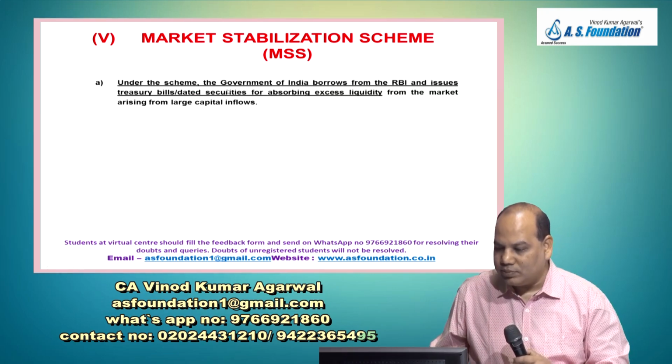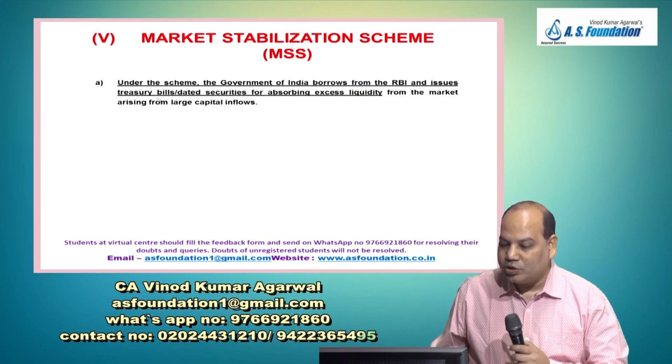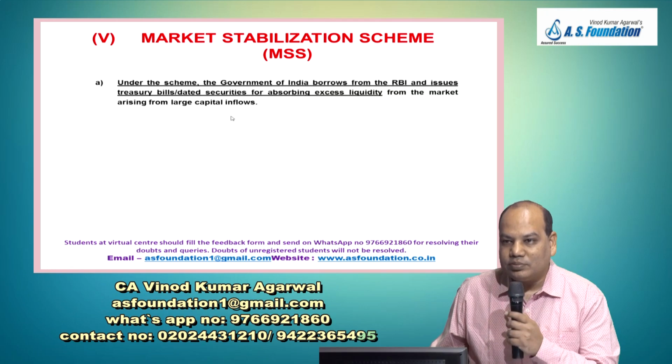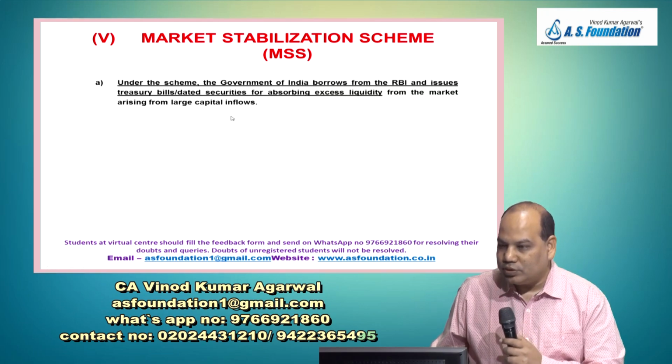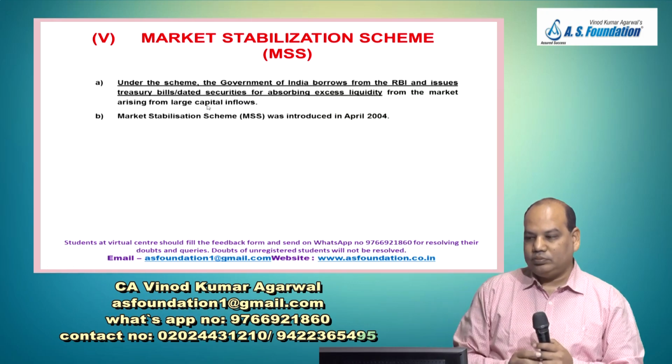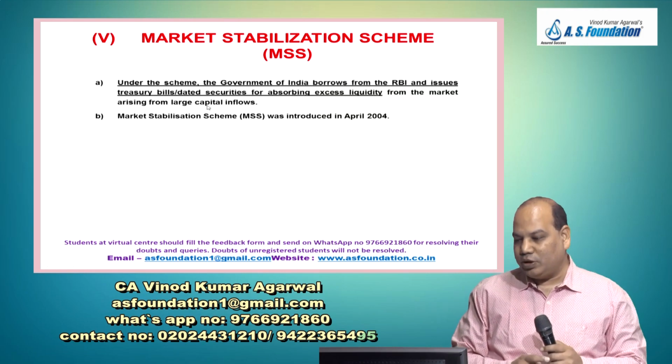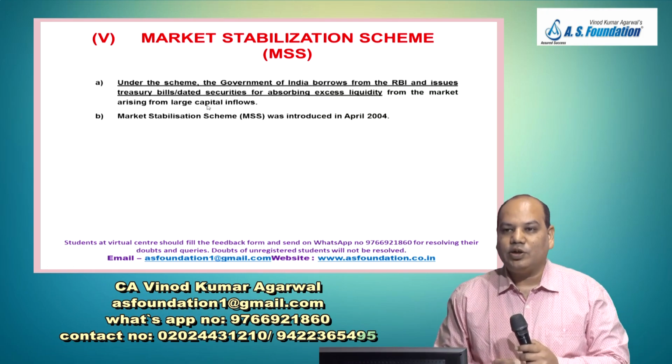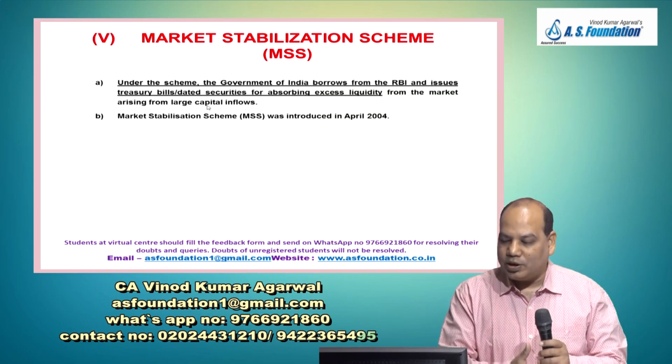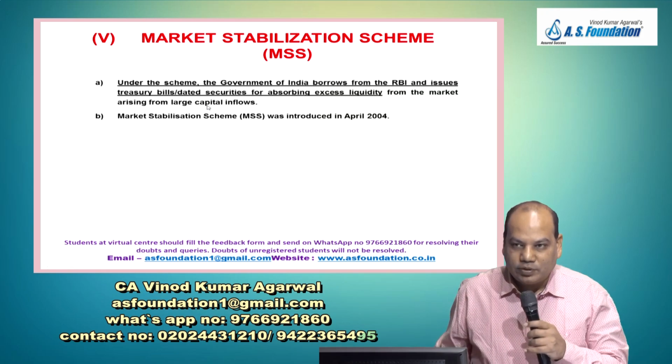Under this scheme, the Government of India borrows from RBI and issues treasury bills or dated securities for absorbing excess liquidity from the market arising from large capital inflows. So here the Government of India is borrowing from RBI. What will happen? It will reduce the excess liquidity in the system because RBI will have to give funds to the government.